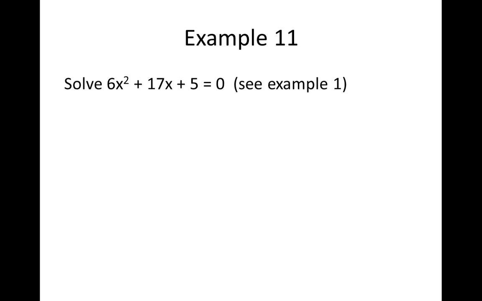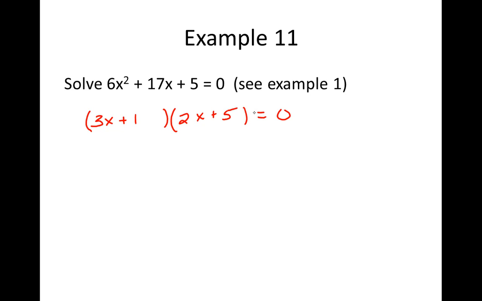Example 11. So now we're just tagging on the same thing we did in the earlier lesson where we were solving these equations. So look back at your example 1, and we're just going to factor this and use what we learned in the earlier lesson on how to solve these quadratic equations. So if you recall, this factored into 3x plus 1 and 2x plus 5.